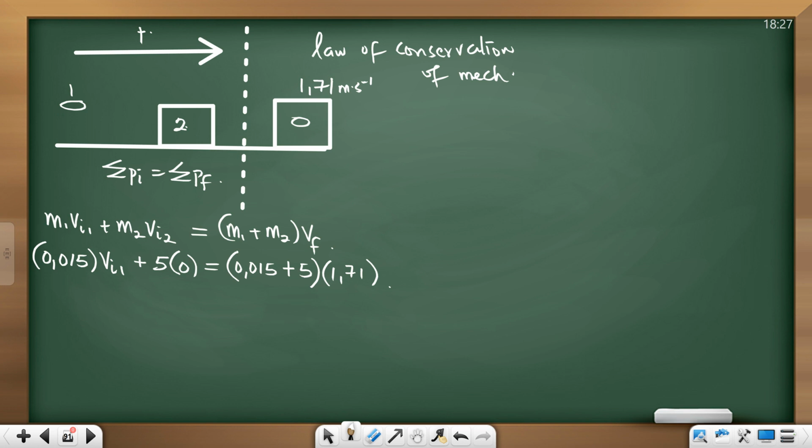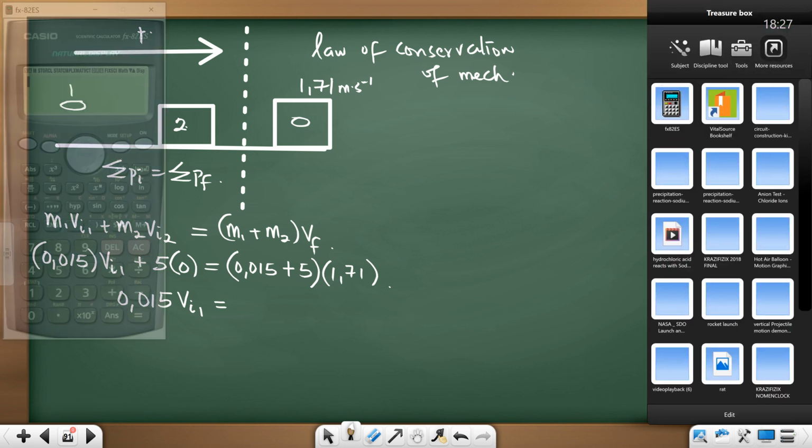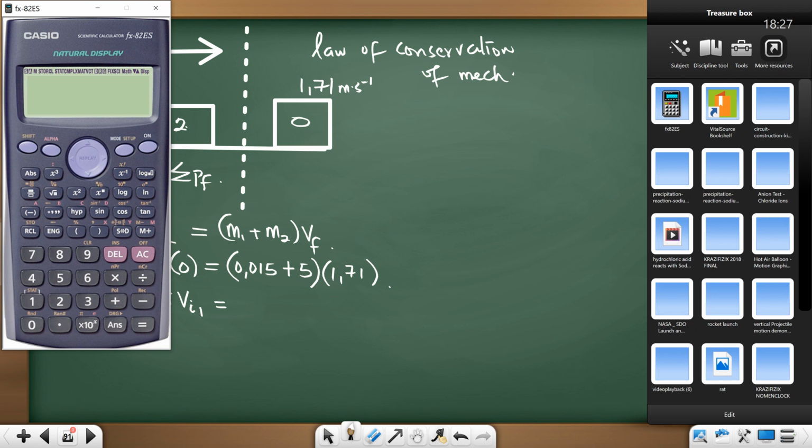What do we do? This one is 0,015 vi1 and that. Okay, I want to show you something. I think this was what Sir was also saying at the other time: 5,015 times 1,71.